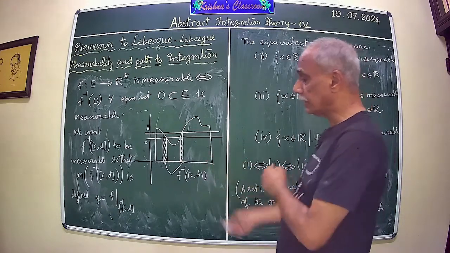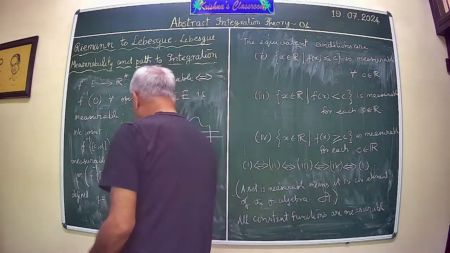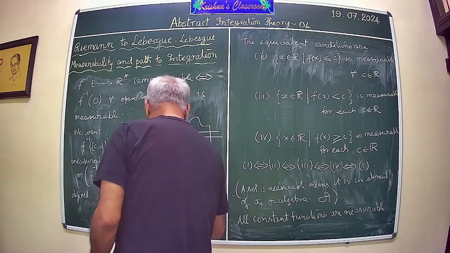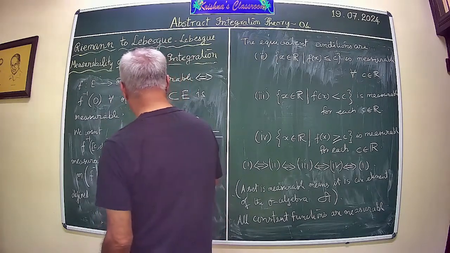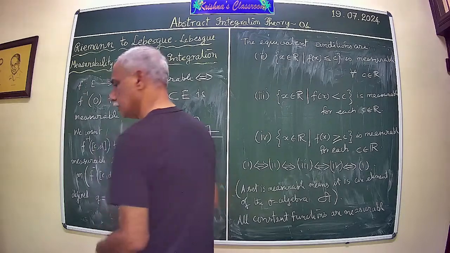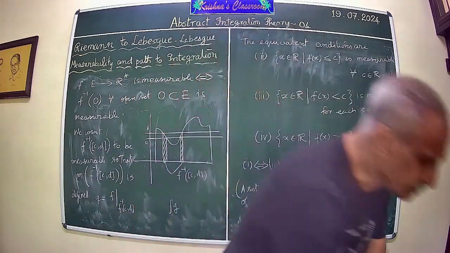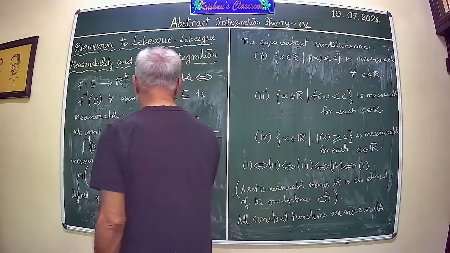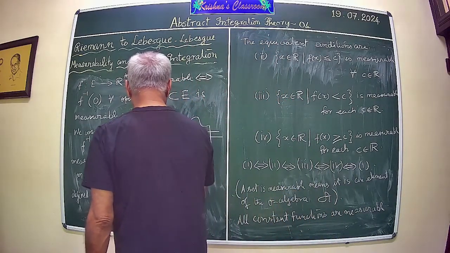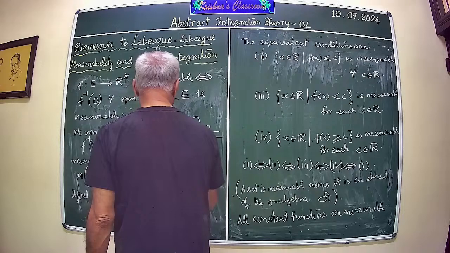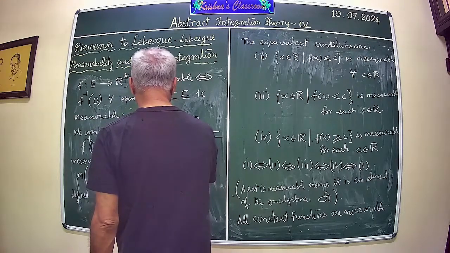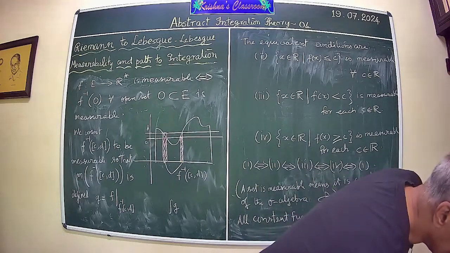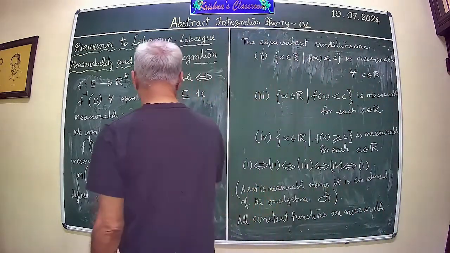Now what is the integral of g? The integral of g is the area enclosed over here. Okay. Now what we want is we do two approximations. One is this, the lower approximation. The other one is the upper approximation. Upper approximation I mark with a different color.